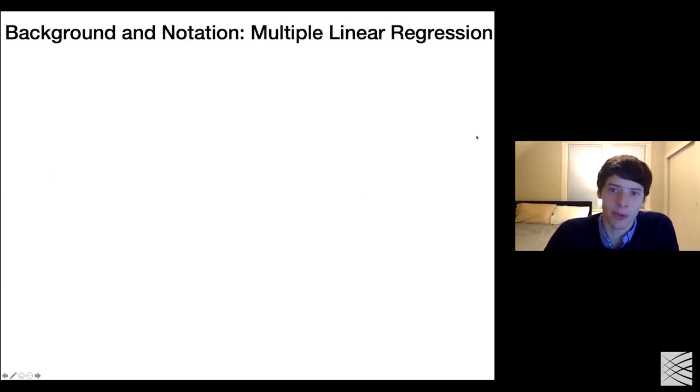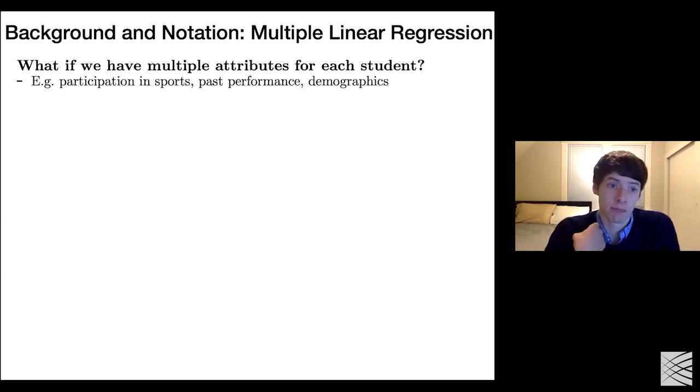Okay, so now there's a last piece of notation that we have to build up in the situation, which is for handling multiple dimensions, so doing multiple linear regression. So here we're asking, what if we have multiple attributes of each student? So more than just whether or not they were in this after school program. So you can think participation in sports, maybe past academic performance or demographic information as well.